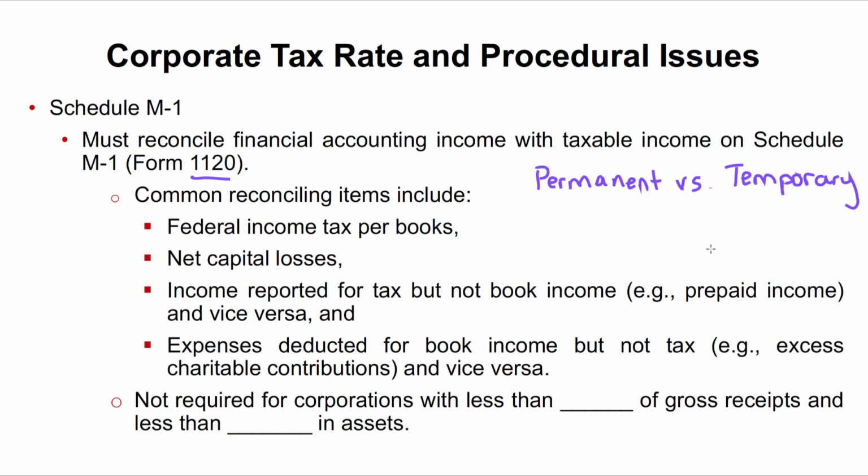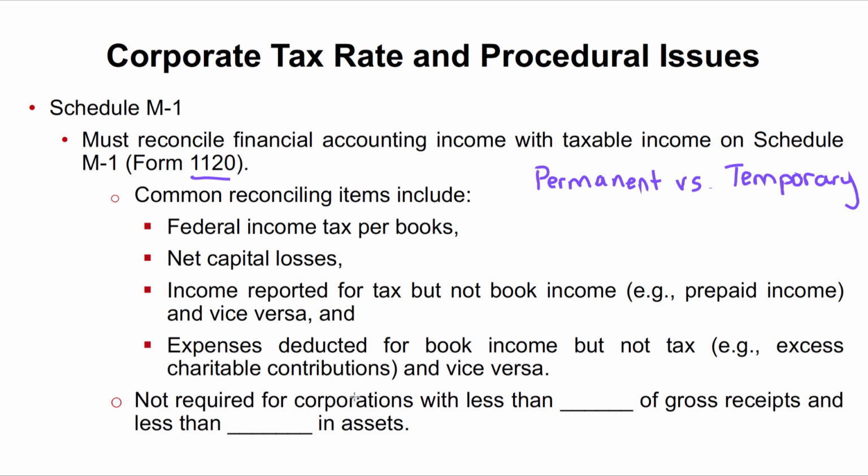So a temporary difference reverses over time. For tax purposes, you might have lower taxable income because you've taken double declining balance depreciation, but for financial accounting purposes, you do all straight line, and it's recovered ratably over time, with less depreciation early on but more later on. So it will reverse. I talk about all these common reconciling items, and they're all reported.